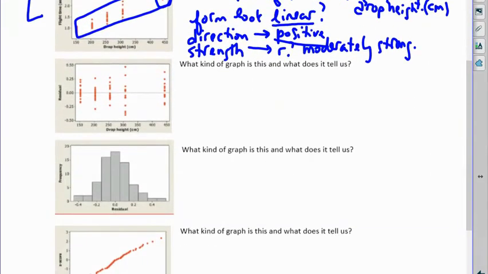Okay, so what's this next graph of? So this right here says residual. So this is the scatter plot of residual.